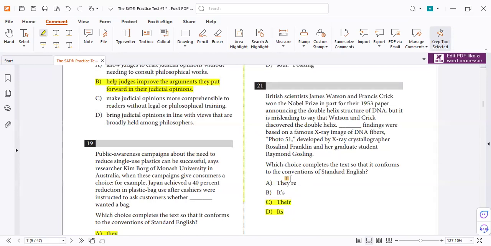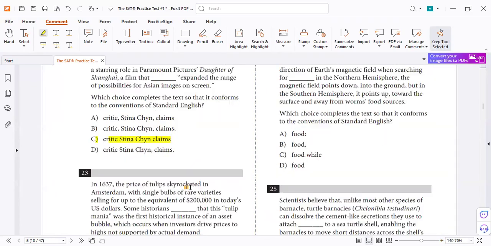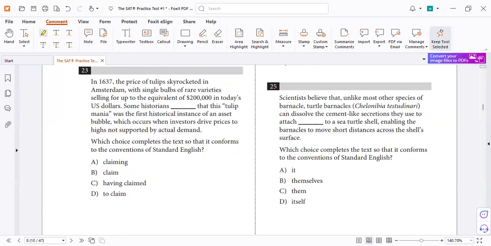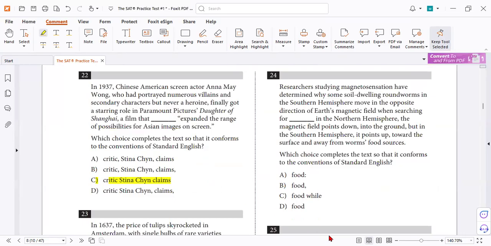Perfect. Okay. 22 is C. 22C, correct. Perfect. 23 is B. 23, it's B, perfect. 24, it's A.